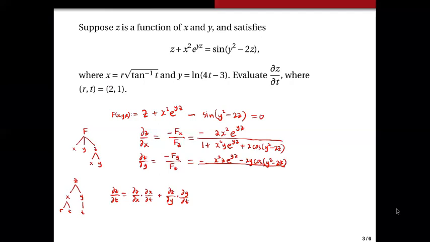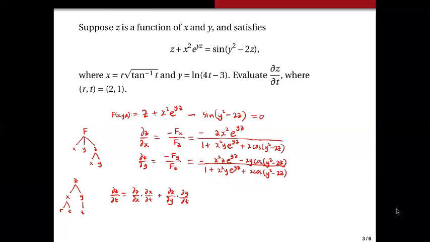And then the denominator, we'll just copy: 1 plus x squared y e to the yz plus 2 cosine y squared minus 2z. Okay? And then you will have these two guys in here, or this guy here, and this guy here, we distribute there.